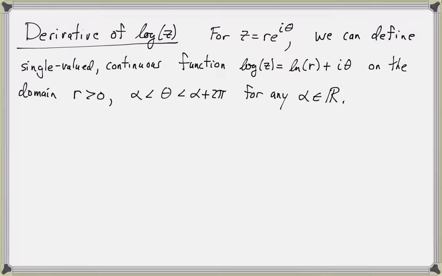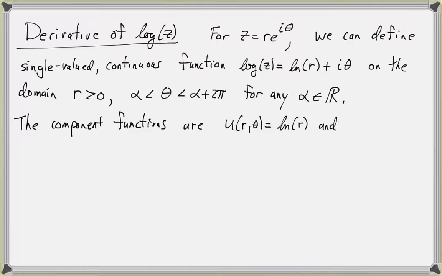And we can write this function in its component form. So the component functions are going to be the real part u of r theta is equal to the natural log of r, and the imaginary part v of r theta will be equal to theta.